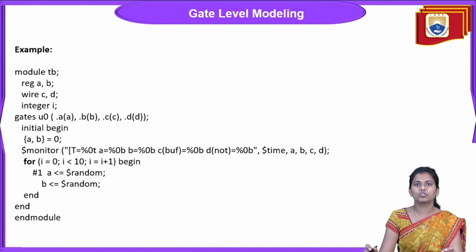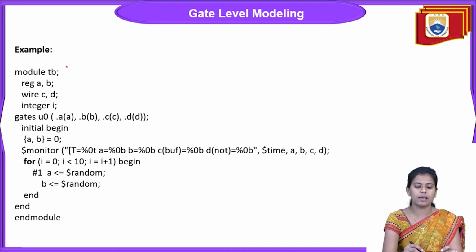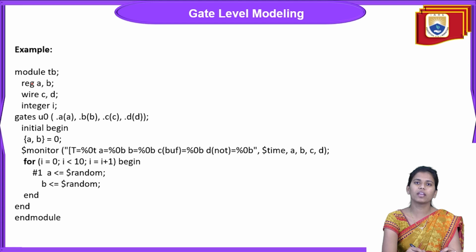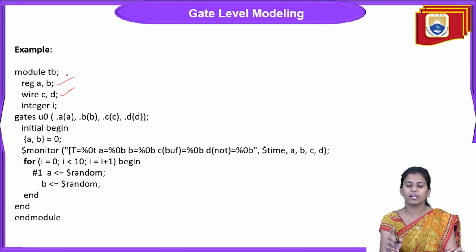Coming to the TestBench example. In this TestBench example, module TB. When you are writing a syntax in the TestBench, always remember that we represent inputs as reg. Reg is a keyword which can consist of vector and scalar components. So reg represents A and B, wire as C and D. C and D are the outputs. What is a wire? A wire consists of only 1 bit of data.